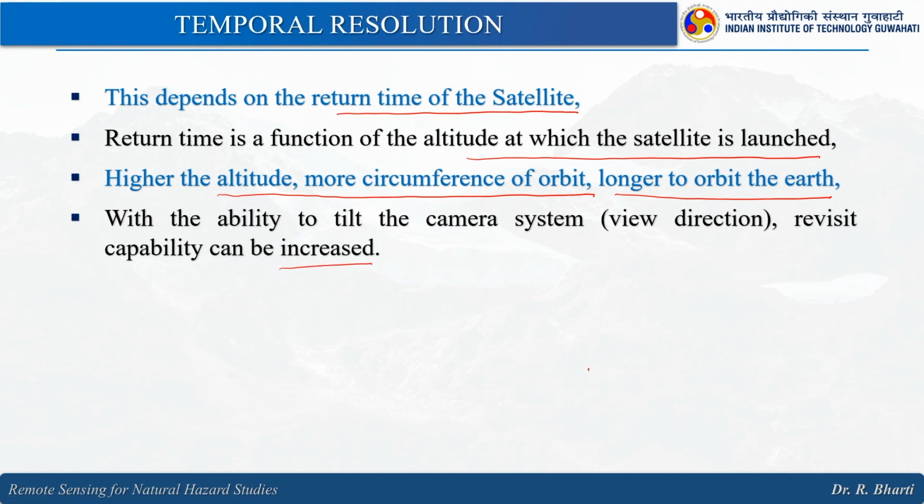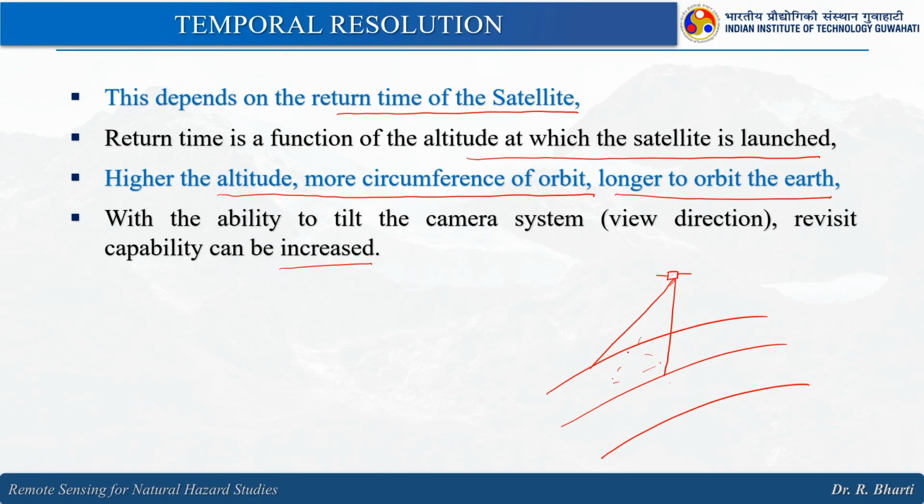So, suppose this is, let us say, I will draw the ground, this is one sensor, right. So, this is one sensor which is looking at this particular ground. Now, in the next, because the earth is also moving on its axis and the satellite is also moving along its orbit, at a particular time it will be looking at this particular area, right.